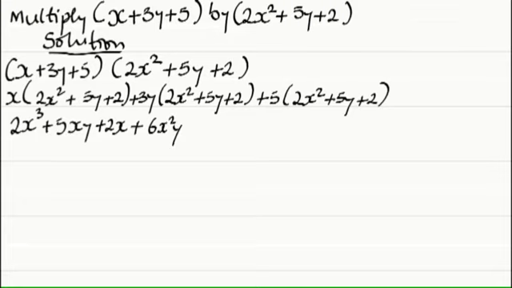3y times plus 5y. This will give us plus 15y squared. Now plus 3y times plus 2. This would give us plus 6y. Now we have plus 5 times 2x squared.